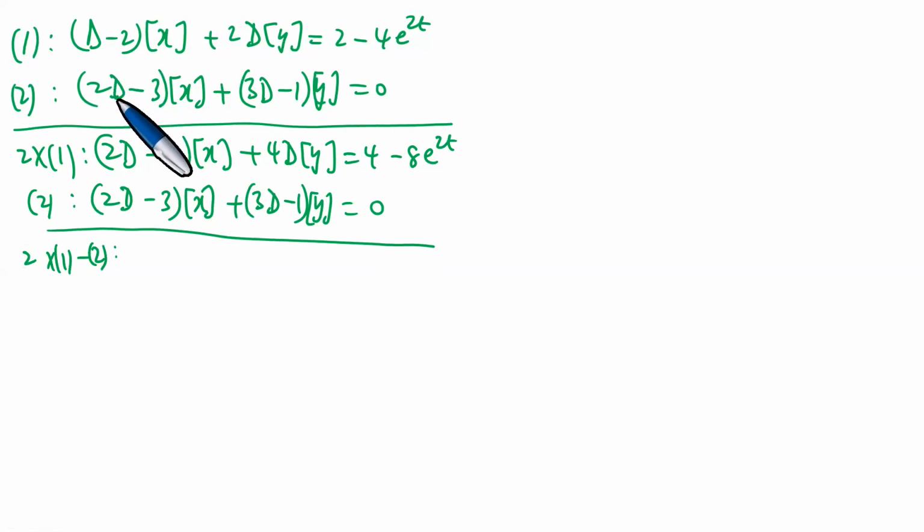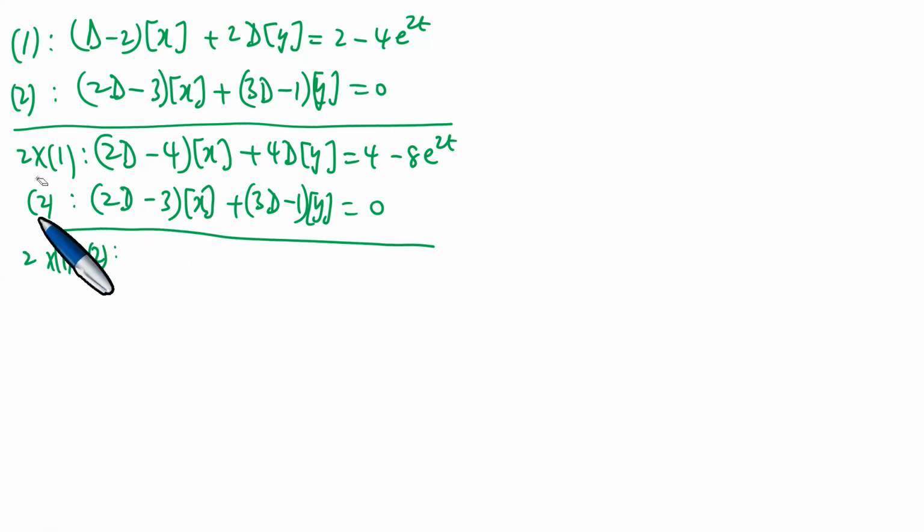That became the objective. So I decided to multiply this one by 2, giving 2d minus 4d plus 4dy plus 4 minus 8, etc. Obviously, the next objective is to remove the d operator on x. And we are in that direction sort of making progress.